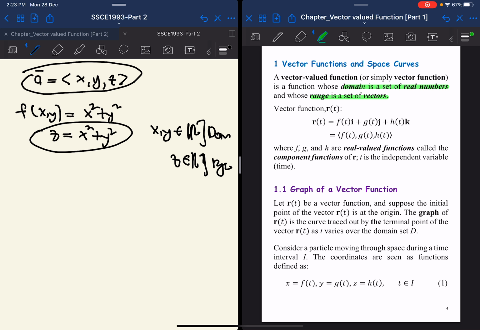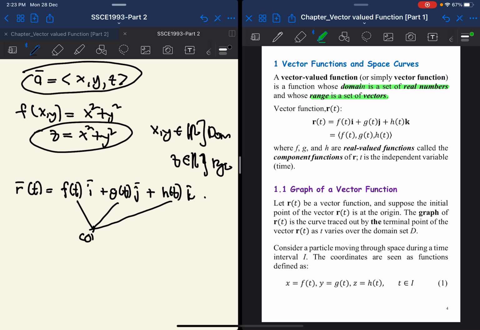So we can see that x, y and z are real numbers. But now we have a vector function. The general form of a vector function is given by this one, where we have a function of t. Here f, g and h are real value functions, and we also call them the component functions of r.